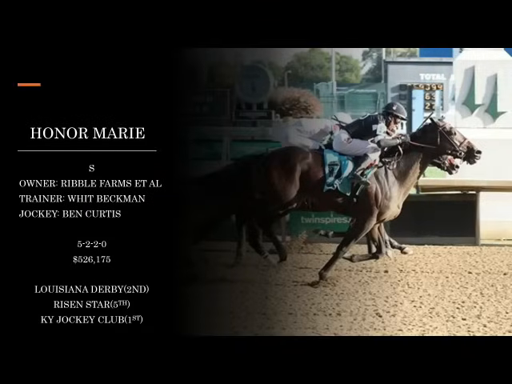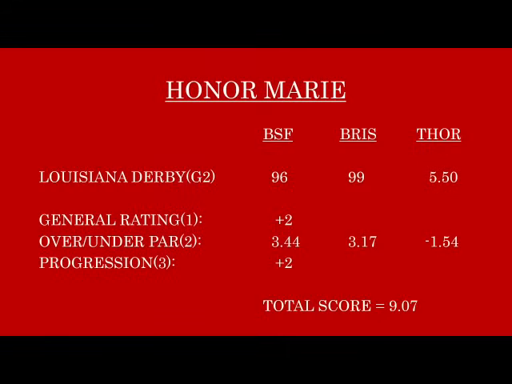We take a look at Anna Marie, another one coming from the Louisiana Derby. I thought he ran a comparable race to Catching Freedom. He got a 96 Beyer, just a hair below, 99 Brisnet, just a hair below, and he gets a 5.5 Thorograph, which again is higher than I expected. So it does give you some wonder about the Louisiana Derby, maybe in comparison to some of the other prep races from a speed basis.